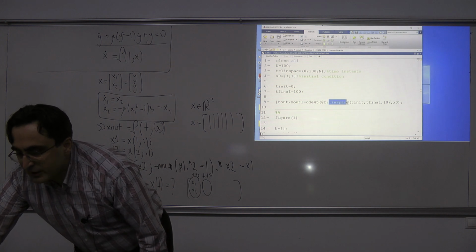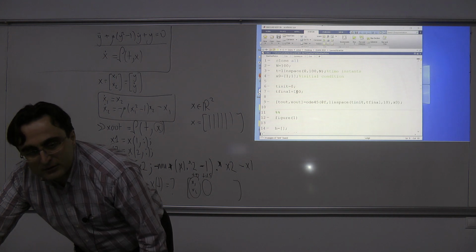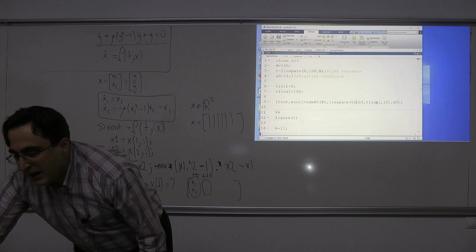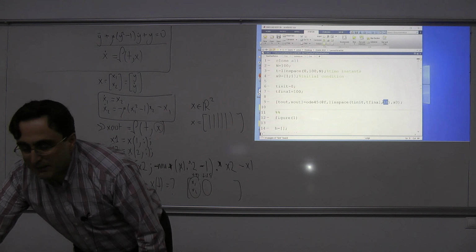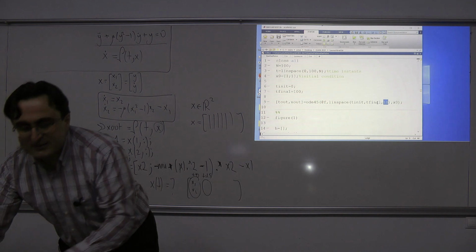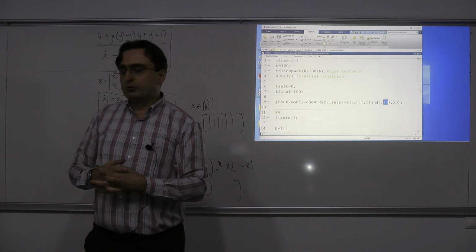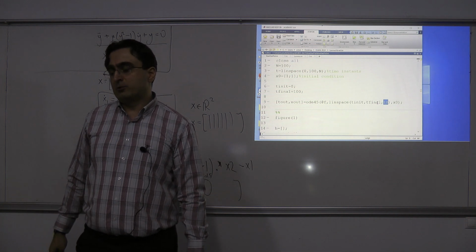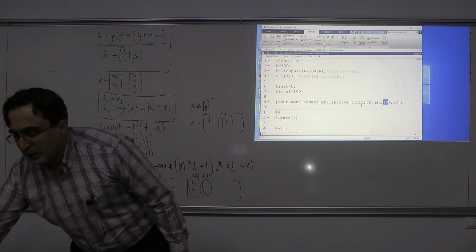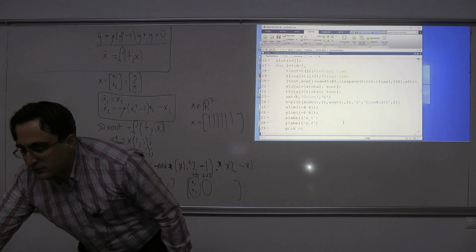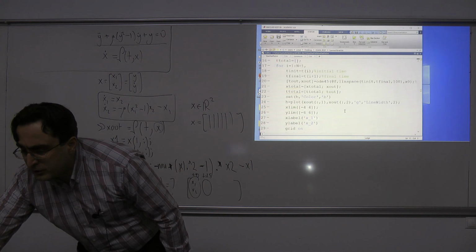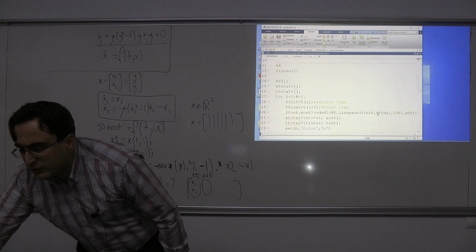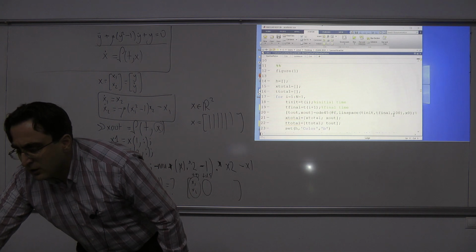And I have given here the required time values as some initial time and some final time, and I have taken 10 samples there. These 10 samples would really be too few samples. So I have just done this in order to be able to give an example. In the other parts of this code, I am actually solving this differential equation at much more frequent samples.